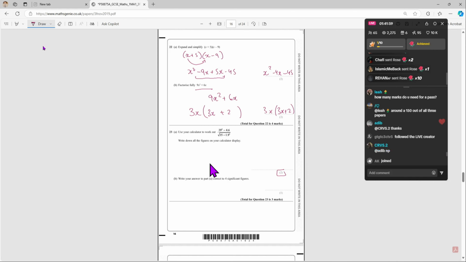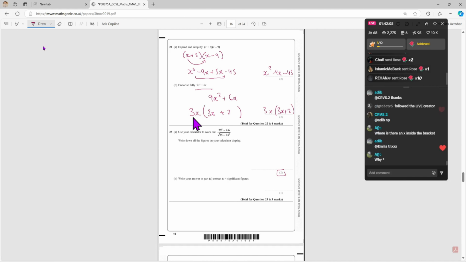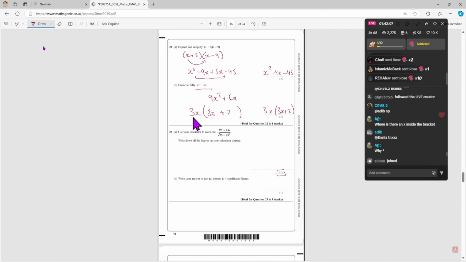They literally just told you to put this in your calculator and just press the equal sign and then write down everything you see on the calculator. You know what you just have to put? Every single digit. You just put 157.6682225. That is everything you see on your calculator. That's it.